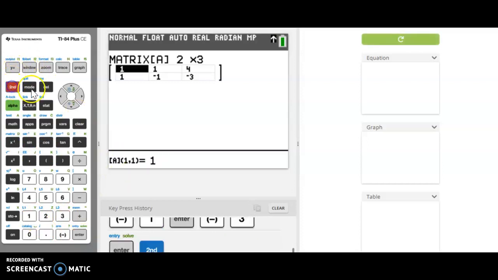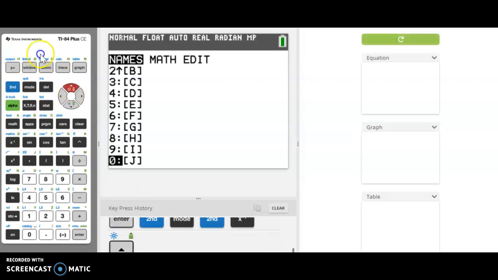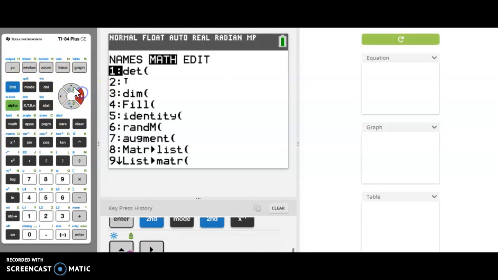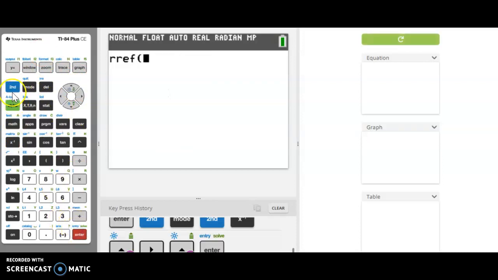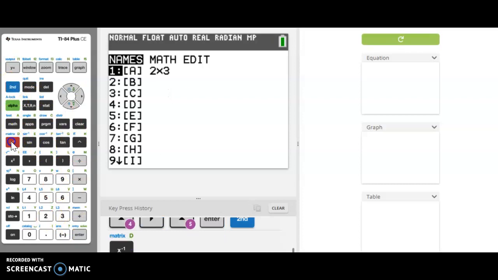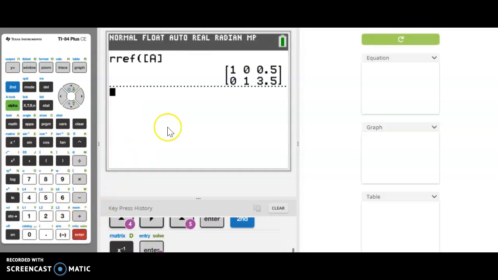And now I'm going to quit out of here. I'm going to go second matrix, oops, go over to math, go back around the top, find rref, and then go second matrix, select matrix A, hit enter, boom, I get a half and 3.5.